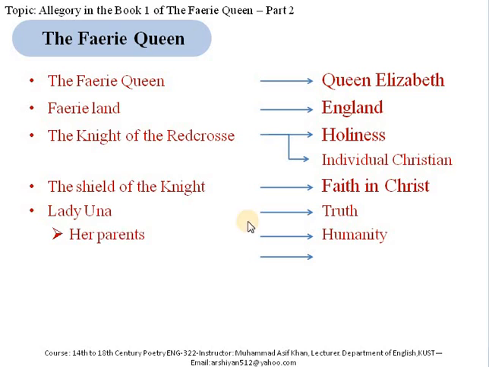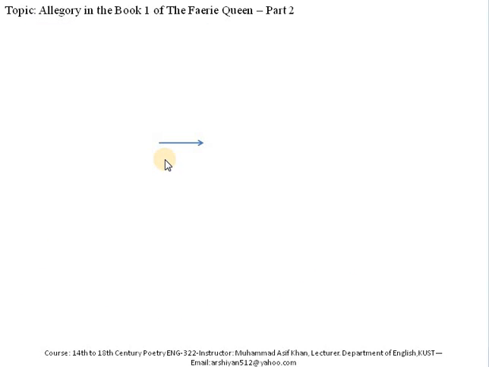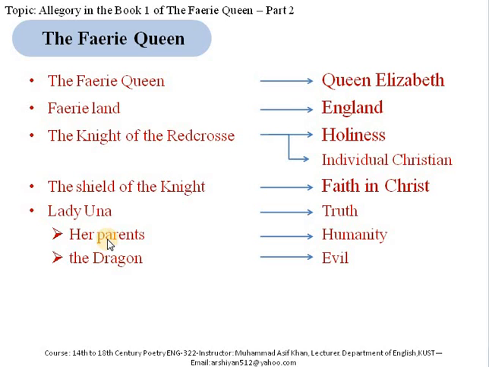Her parents, who are captivated by a dragon, represent humanity, and the dragon who captivated Una's parents represents the great evil.